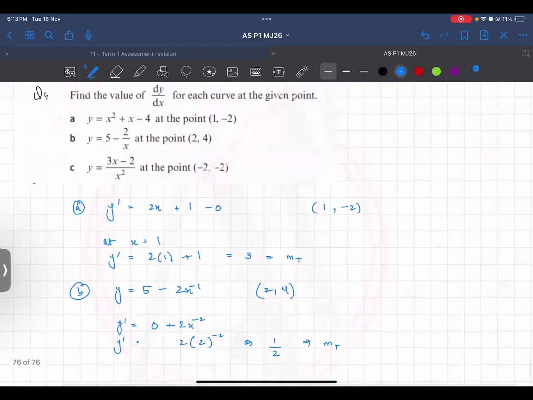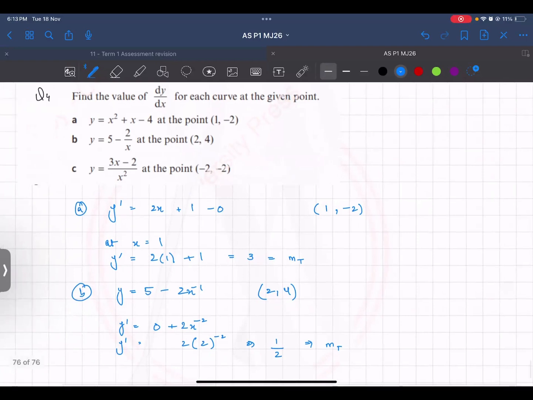Okay. And now they can ask you to find the equation of the tangent as well. So now you have the point of tangency, and you have the gradient of the tangent using dy by dx, which is 3. The equation of a tangent is a straight line, so y is equals to mx plus c, or you can use y minus y1 is equals to m times x minus x1.